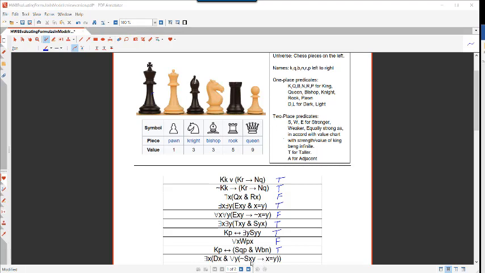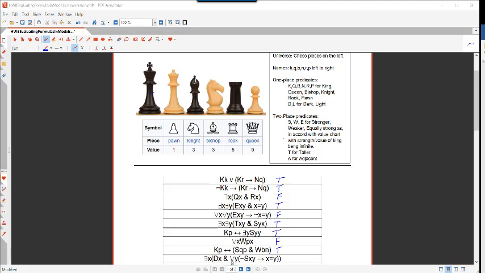So for example, remember with x, we only have to think of the dark things. So you could say, okay, well, look, the bishop is dark, right? And for all y, if it's not the case that the bishop is stronger than y, so say let y be the queen, so that makes this true because the bishop is not stronger than the queen, then x is identical to y, and that's false.